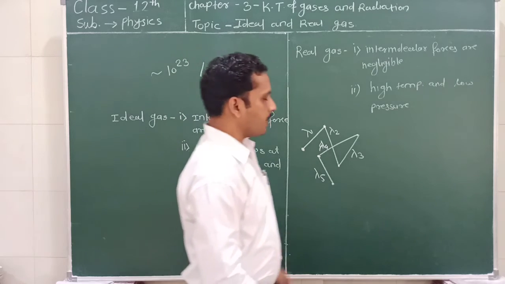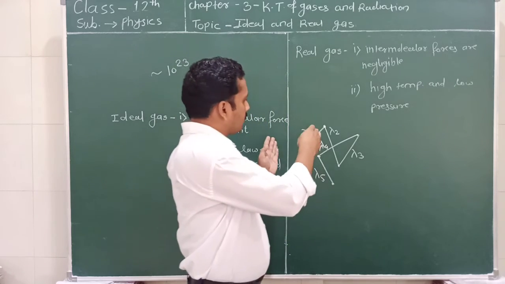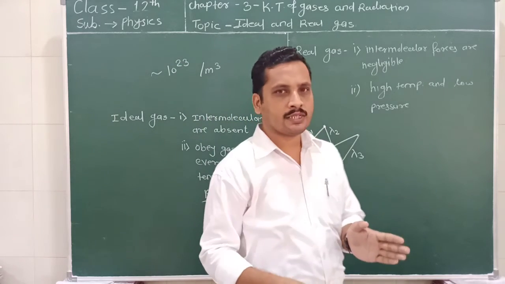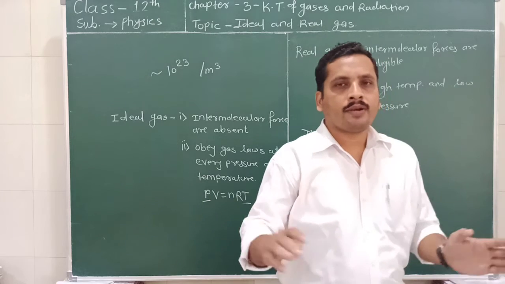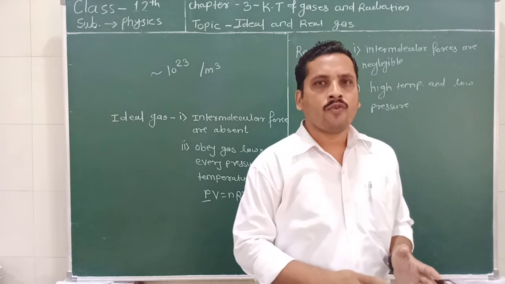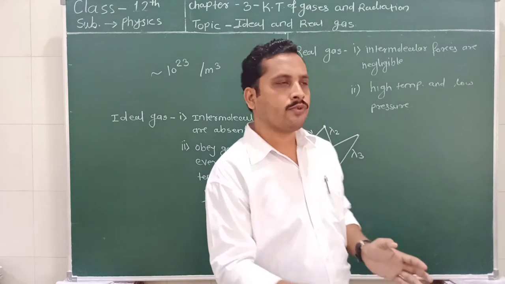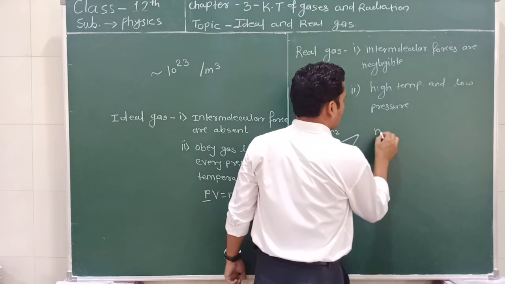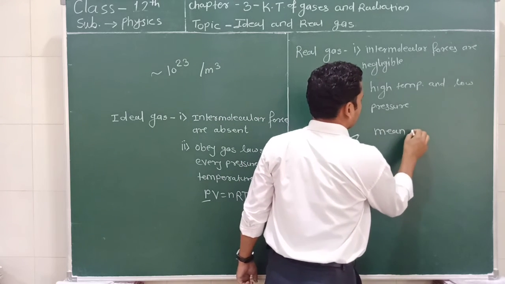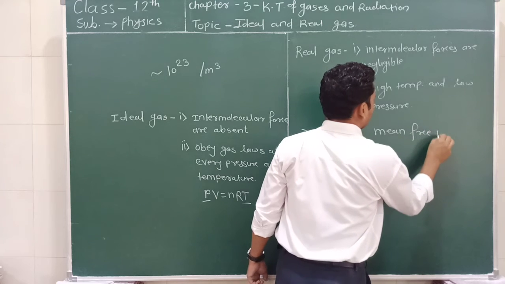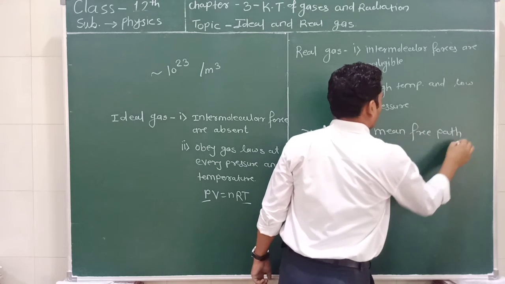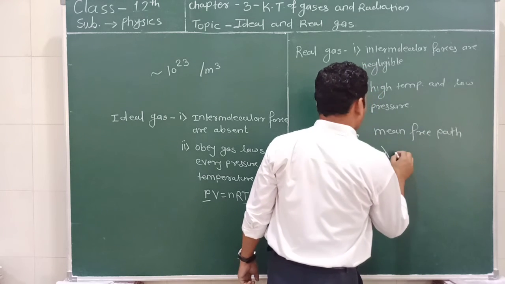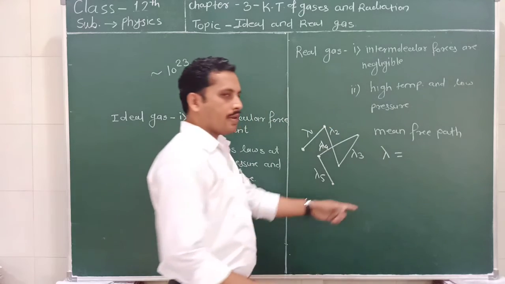Sometimes the distance between two collisions is large, and sometimes it may be less. So we introduce an average value of that free path, which is called the mean free path, and this mean free path is denoted by the letter lambda.